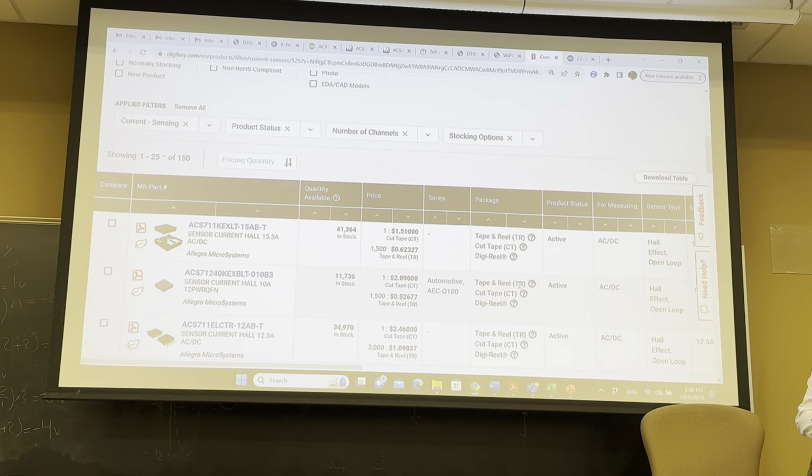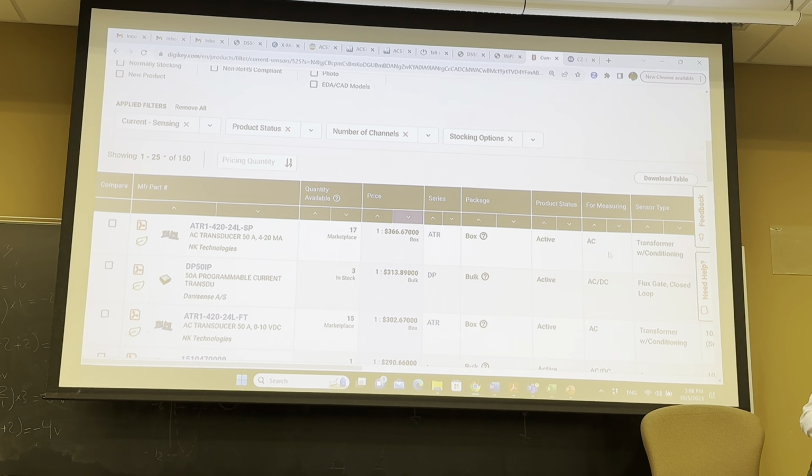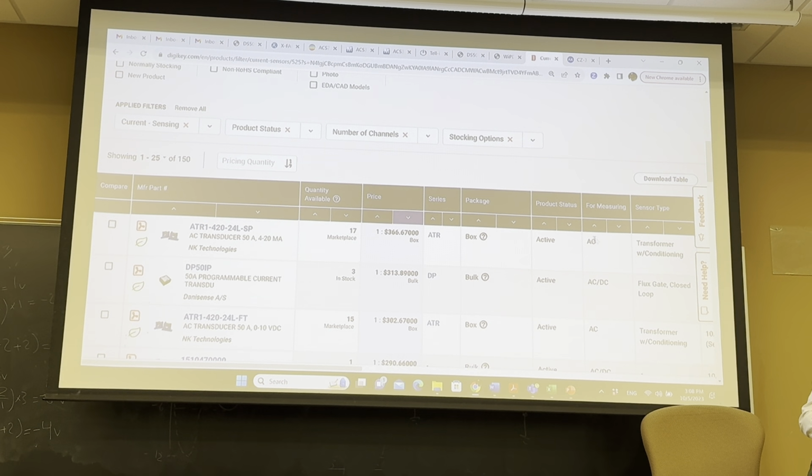So now, anything else I can do? Maybe you have constraints on the price, you want to see how much it can be. So this is $366, right? How many in a box, though? So you want to see if that's good enough, and you see that it's only for AC measurements, right?